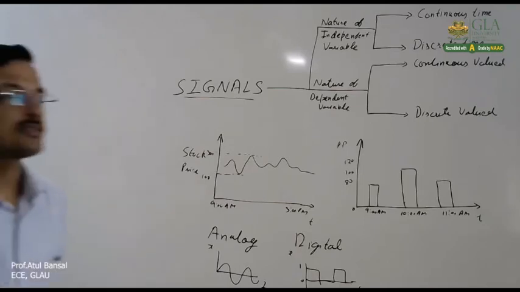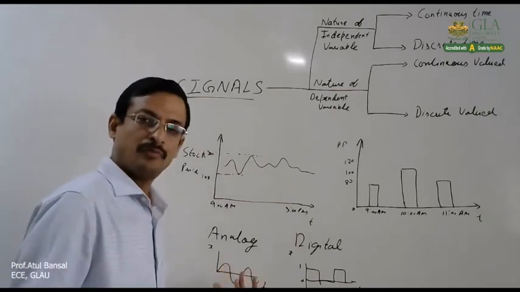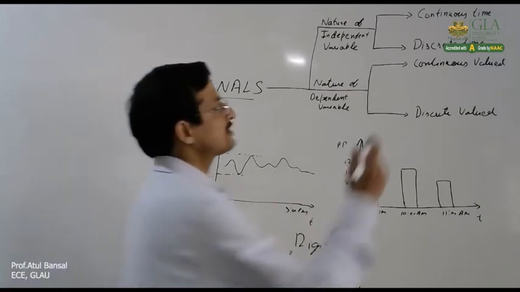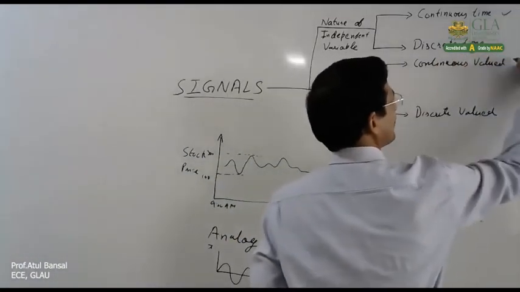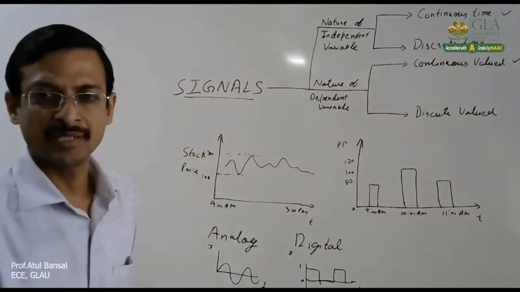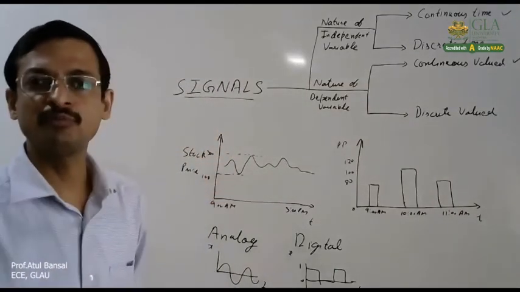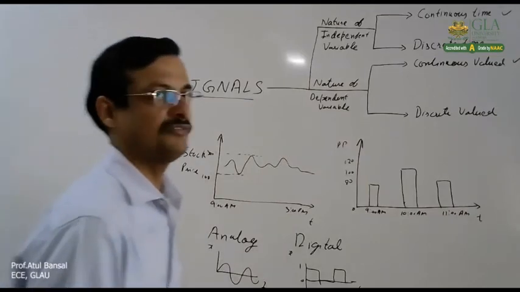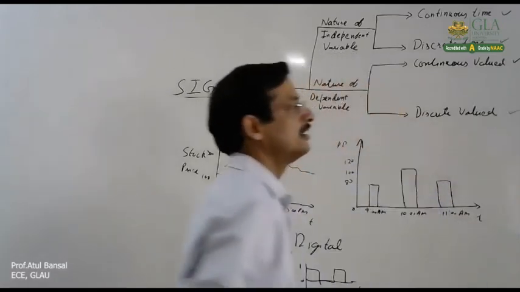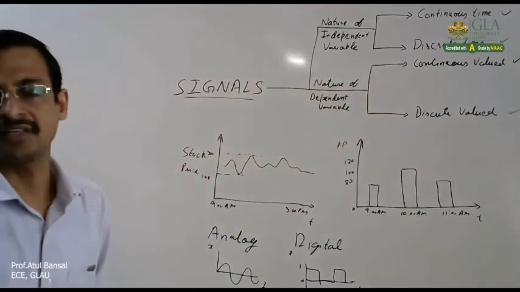Right? But actually the more proper definition is that any signal which is continuous in time as well as continuous in value is known as an analog signal. It has to be continuous in both terms. Whereas any signal which is discrete in time and discrete in value is known as a digital signal.